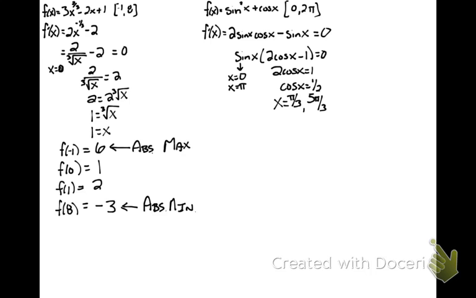So we have quite a number of points to check, but not too many. We need to know what is f of 0, what is f of pi thirds, what is f of pi, what is f of 5 pi thirds, and finally, what is f of 2 pi?